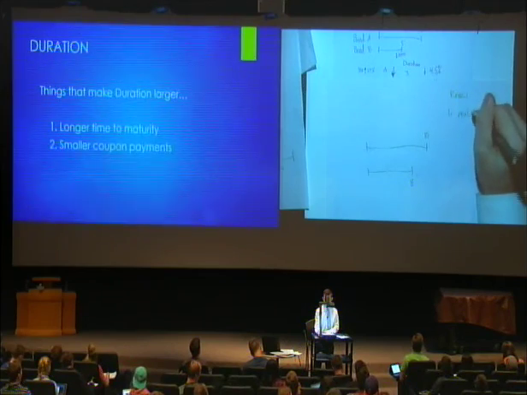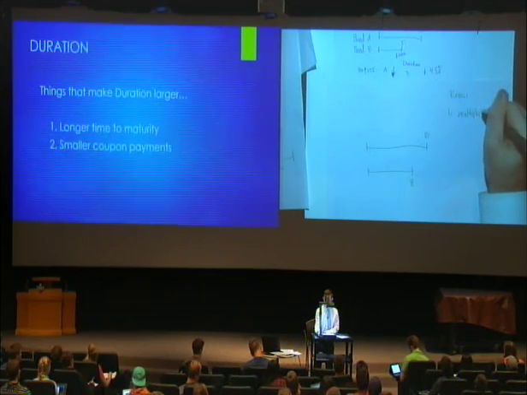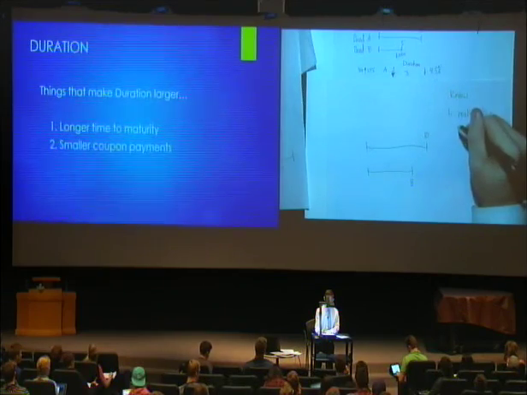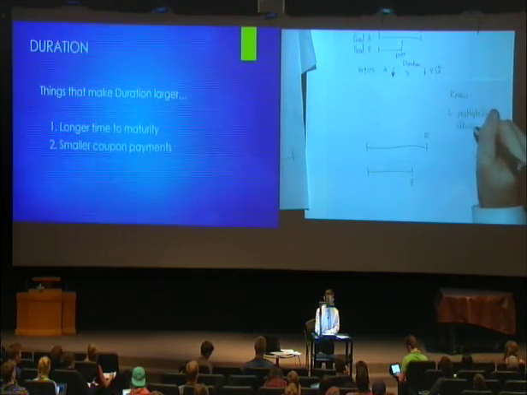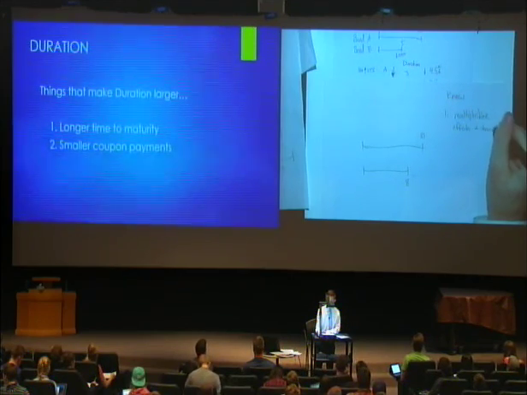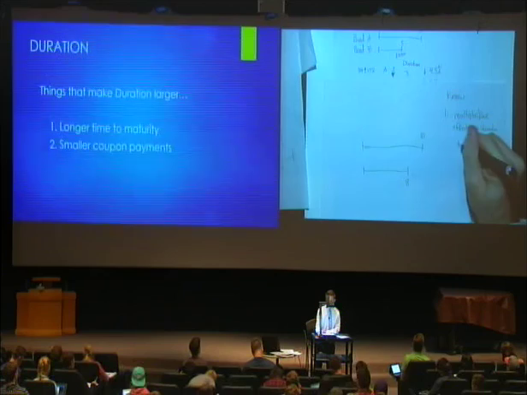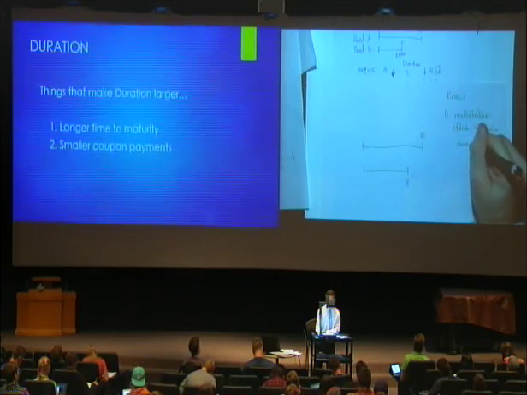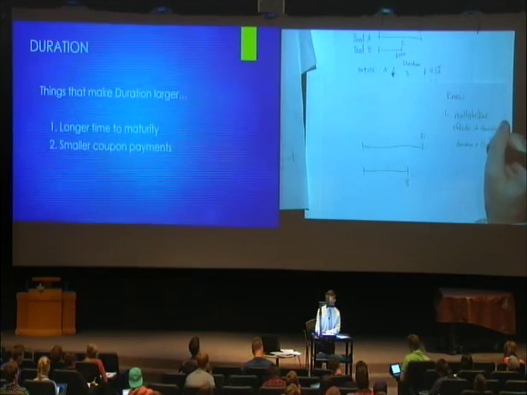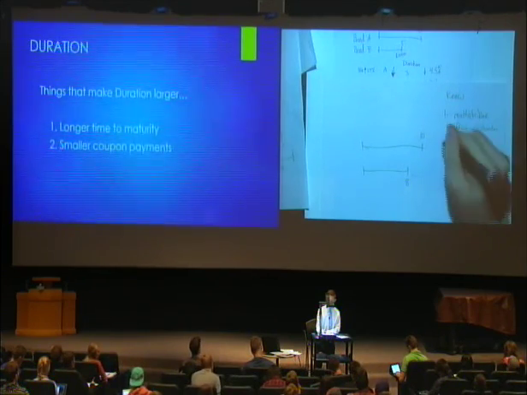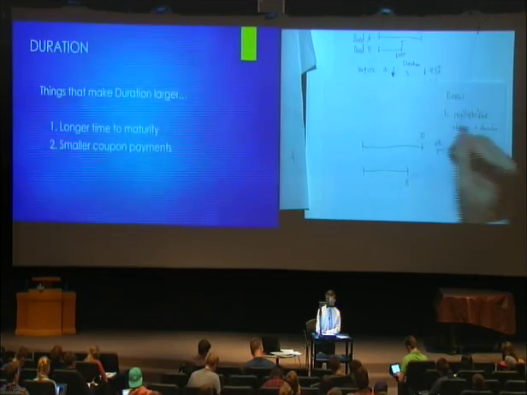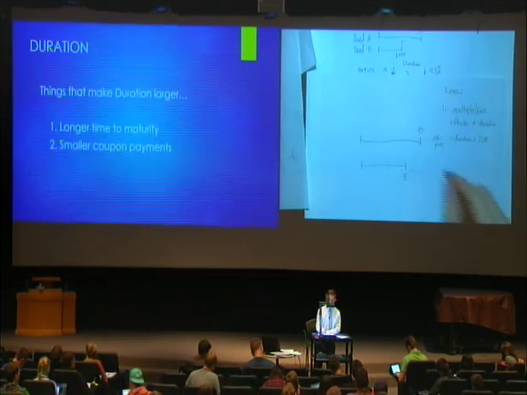Know the multiplicative effects, or just how to work with duration, which is simply your duration times yield to maturity gives you the percentage change in price. That's the first thing to know.